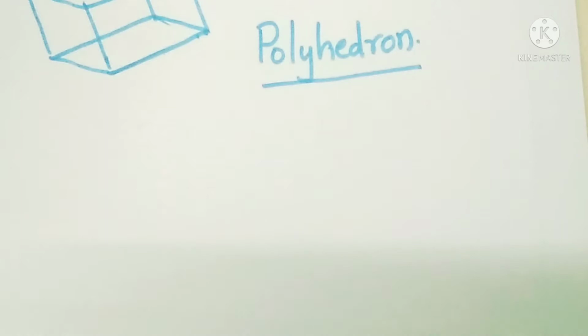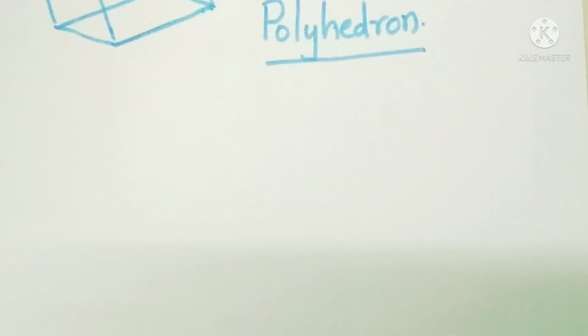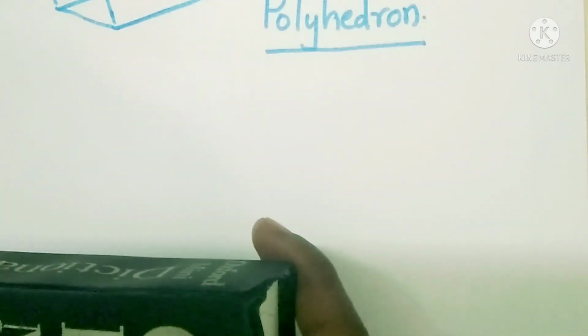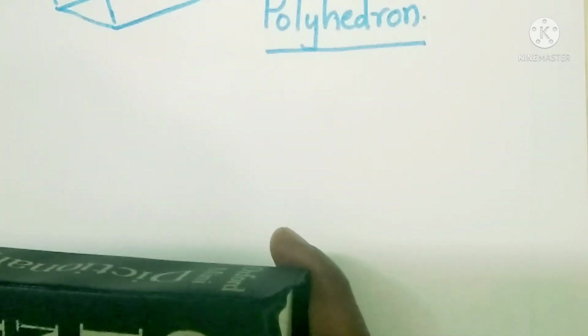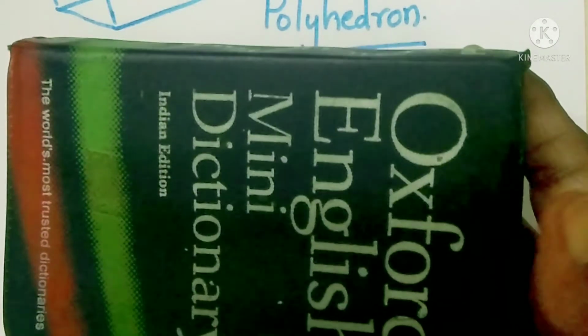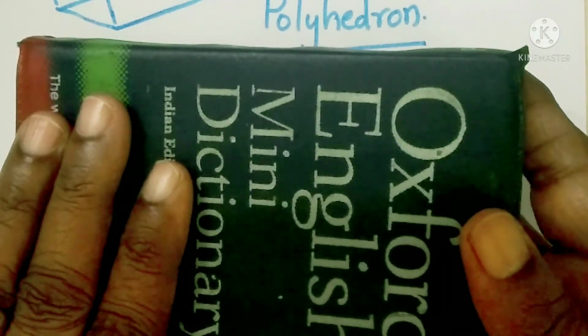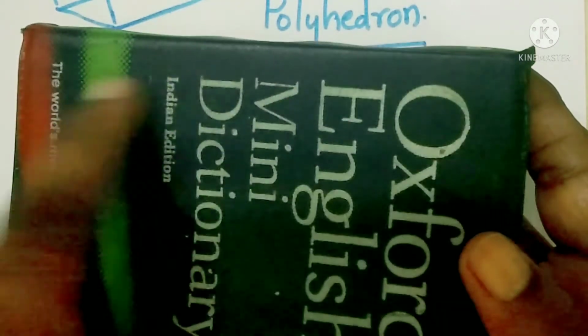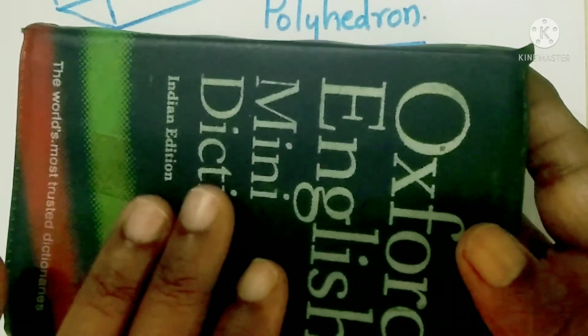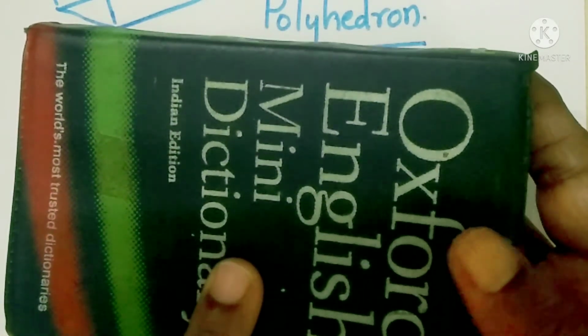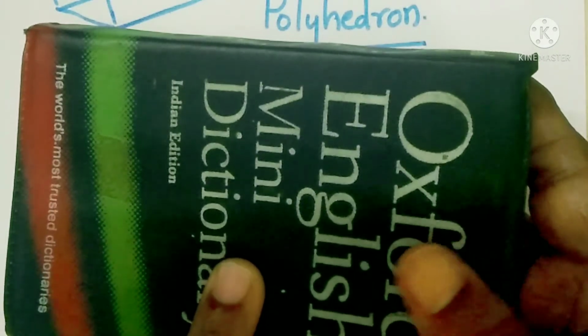Now, if you take any polyhedron, it has got many parts. Now, we learned that polyhedrons are made up of or formed by many polygons. So, this polygonal part, this is one polygon. What is the shape of this polygon? It is a rectangle. This is called one face of this polyhedron.